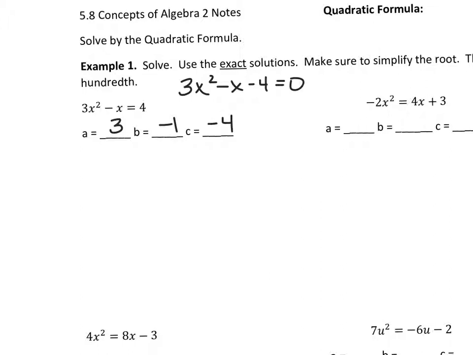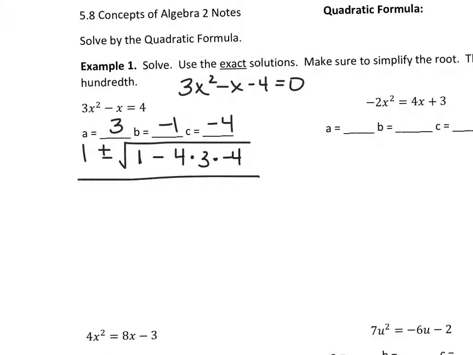So I'm going to do opposite b, so it's 1 plus or minus the square root of b squared. So -1 squared is a positive 1 minus 4 times 3 times -4, because that's 4ac, all over 2 times 3.